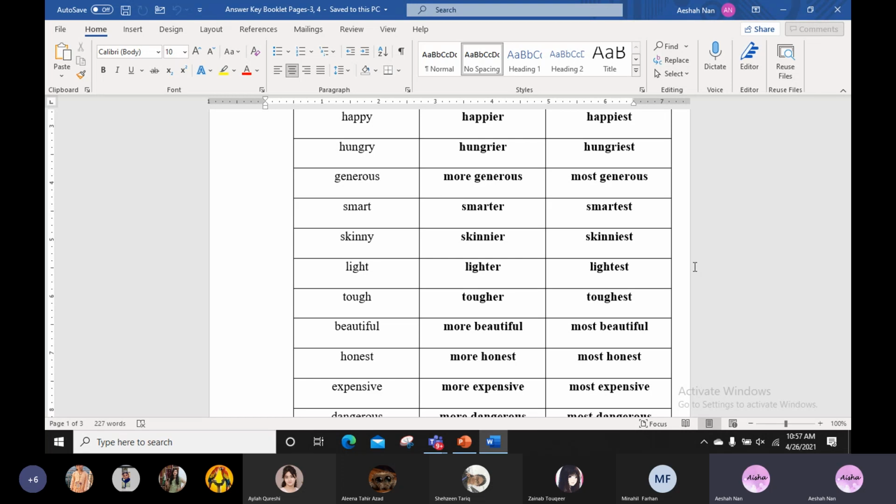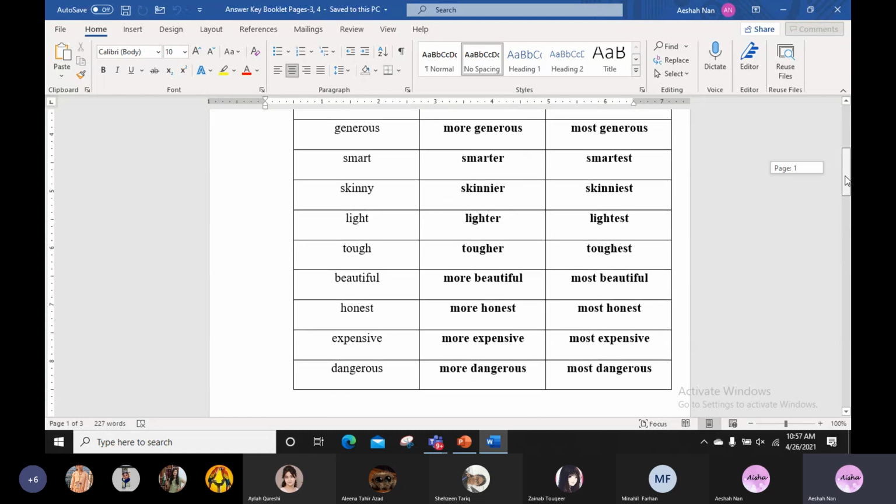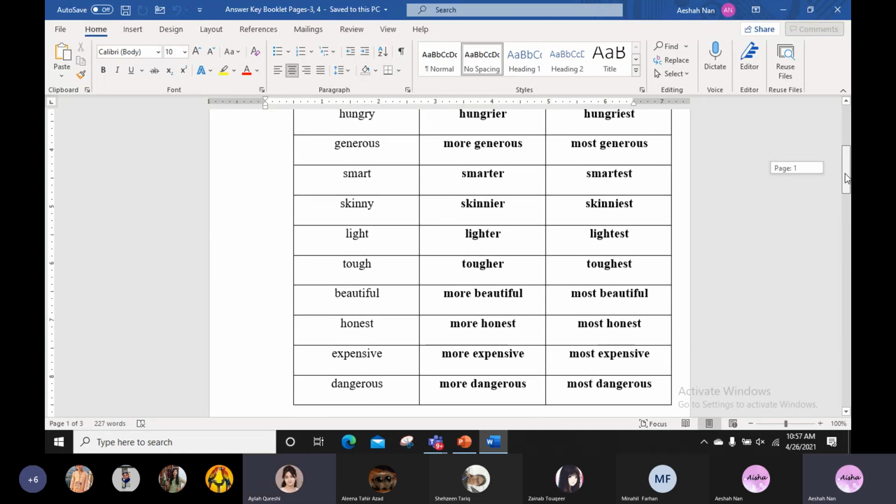Girls, kindly check your spelling thoroughly while writing. Teacher, can you scroll down? First complete this, then I'll move on to another page.